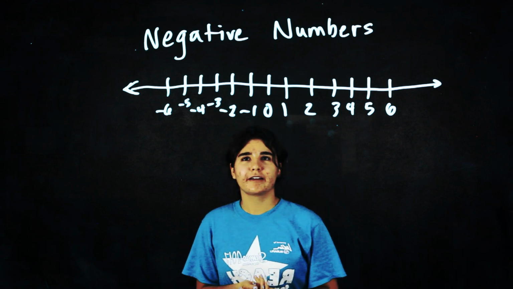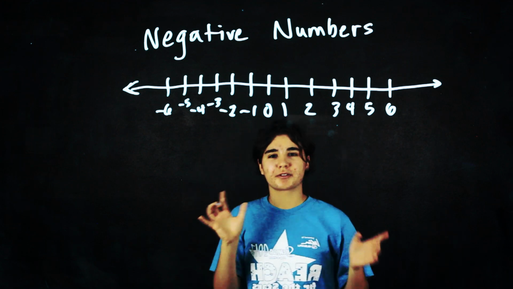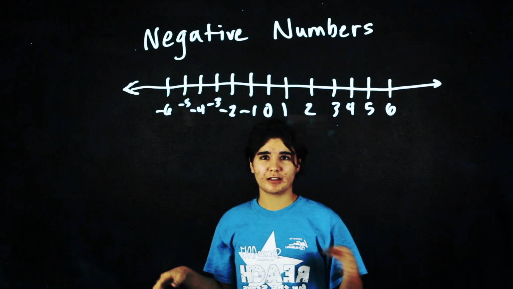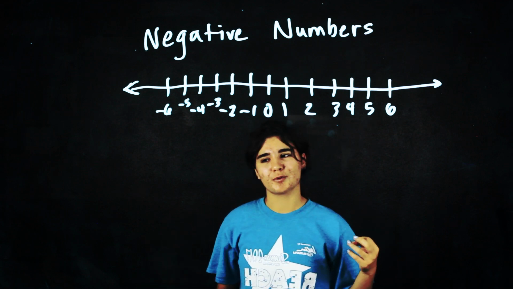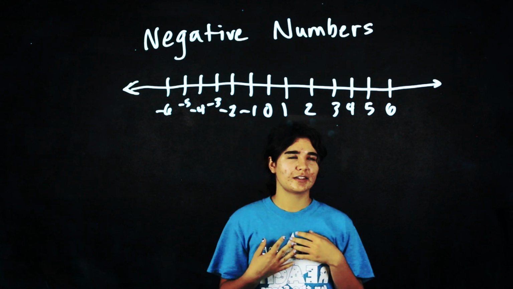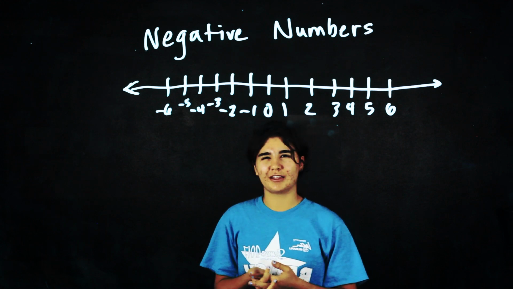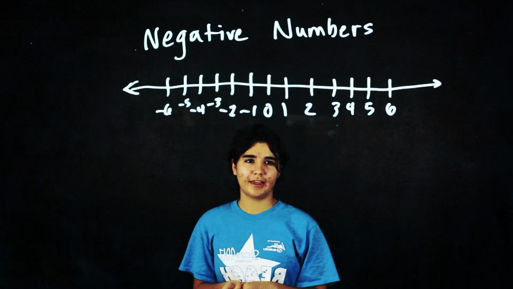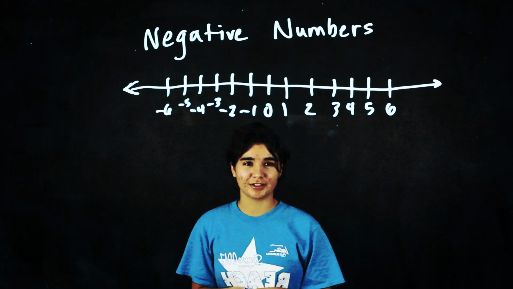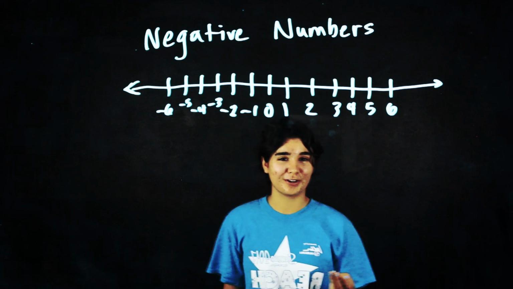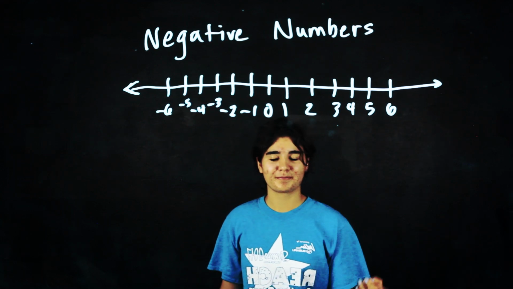So before I go into that, I'm going to use a quick example to help you understand negatives more. Let's say I have $2, but I am in debt to Hauser for $3. So I owe Hauser $3.